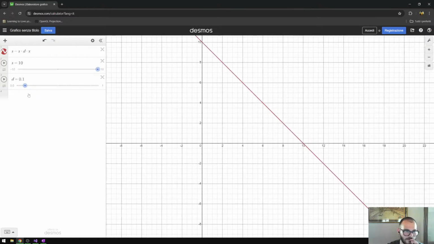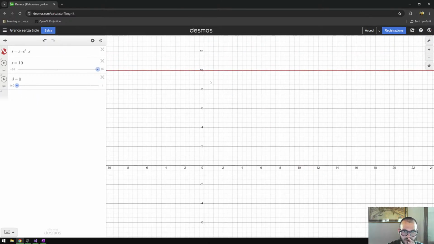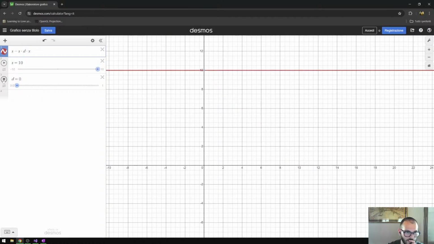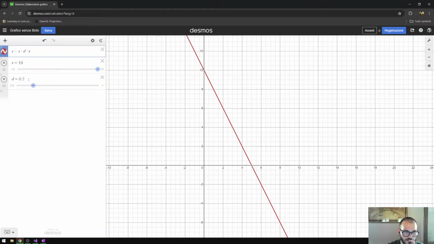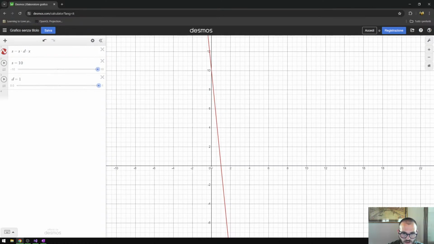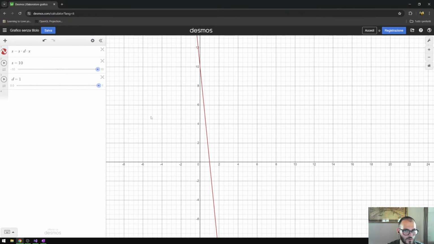We can see that depending on the damping factor, suppose that we have a start of 10, with 0 damping factor over time we stay at 10. With 0.1 damping factor, after 10 seconds we get to 0 linearly. With 0.2 we get to 0 faster, but always linearly, and it goes on faster and faster until the damping factor is 1, which means that after 1 second we linearly go down.